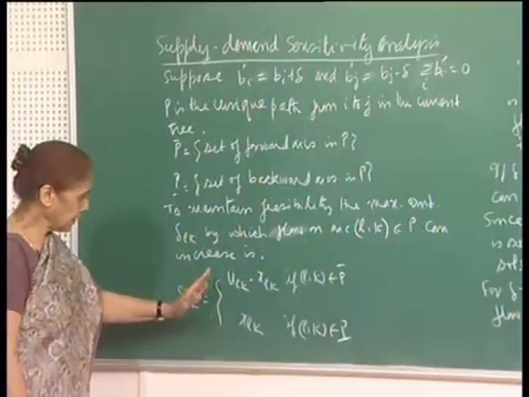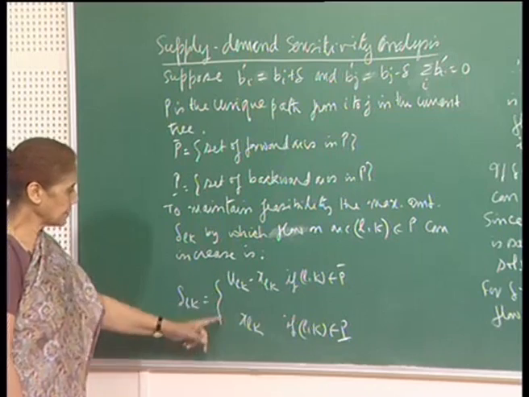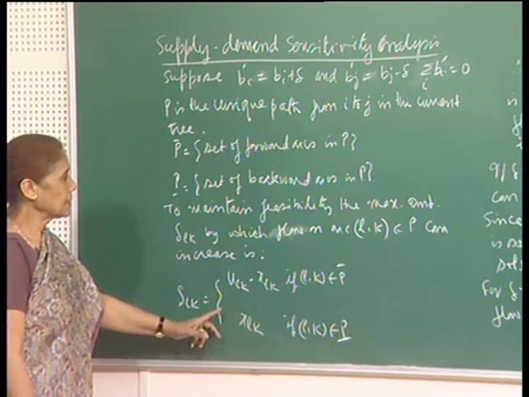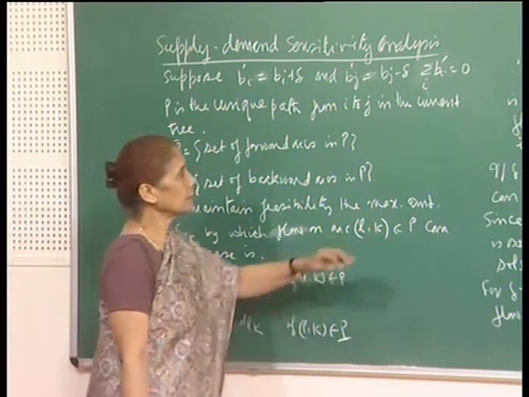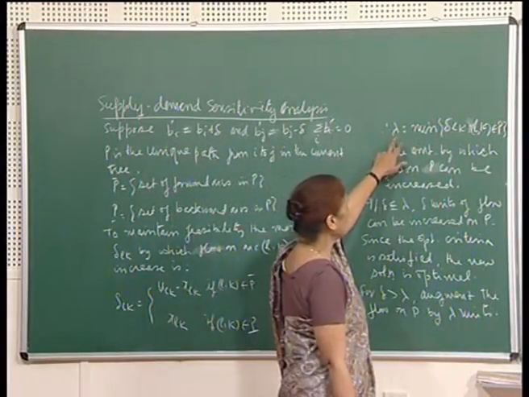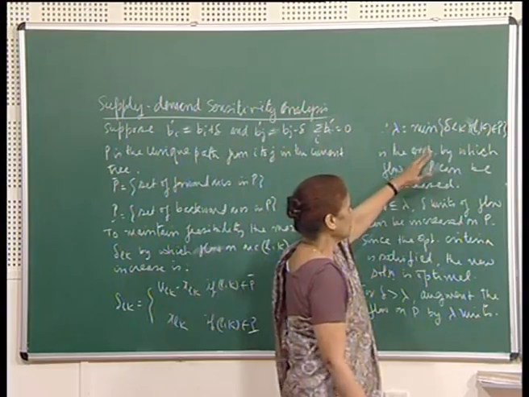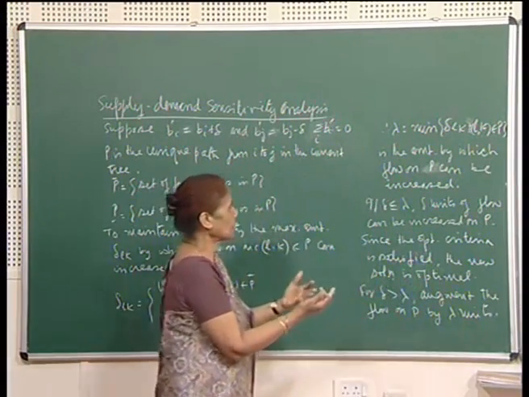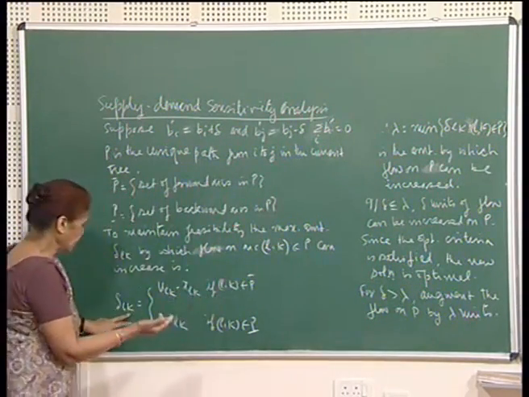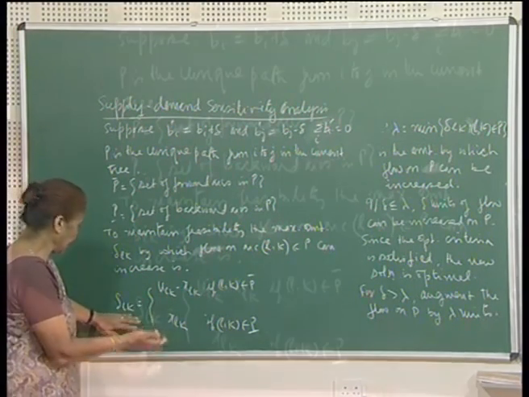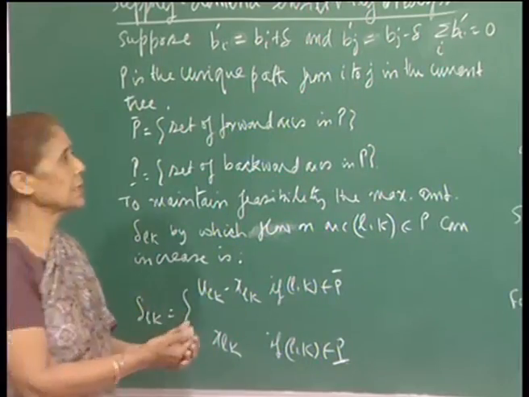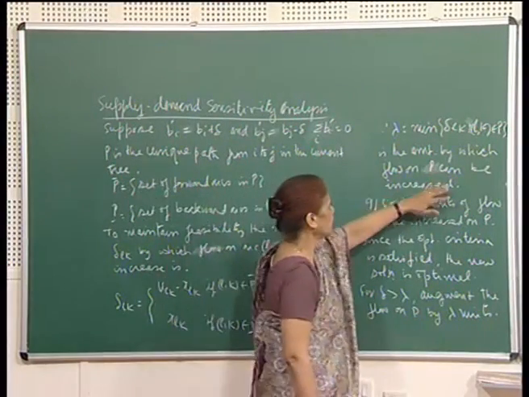If all arcs in p satisfy this condition, then it is possible to increase the flow from i to j. By how much? I compute the augmenting capacity of each arc on the path p by this, and then take the minimum, because the minimum of all the delta k's is the amount by which I can increase the flow on p.